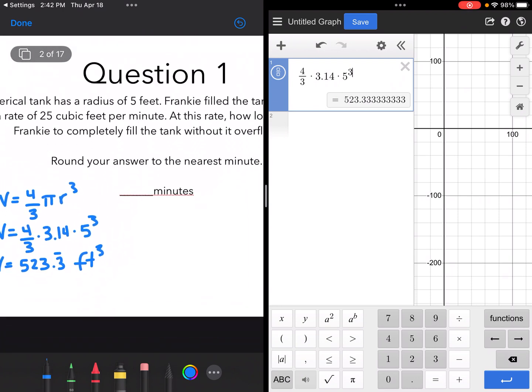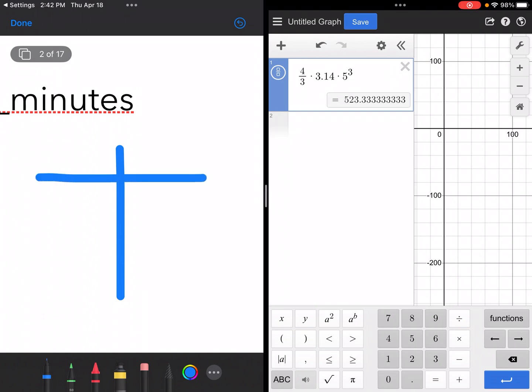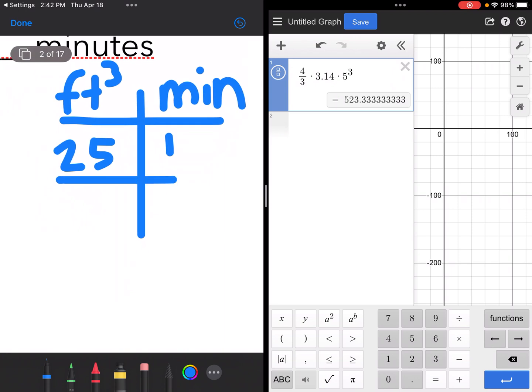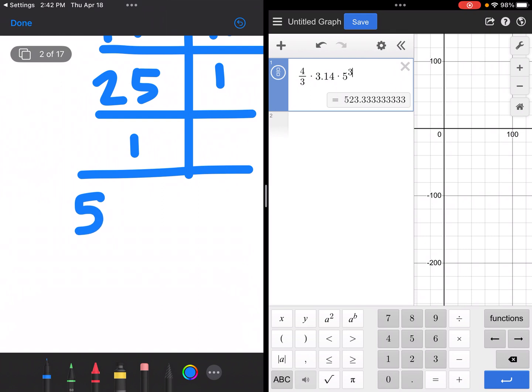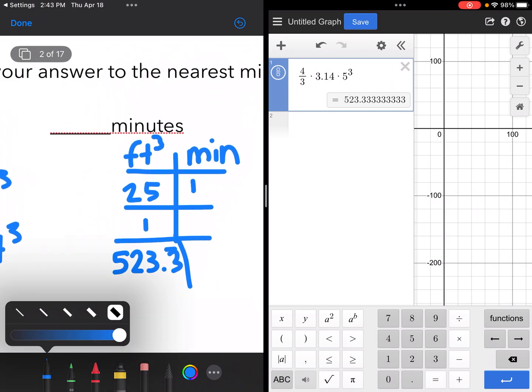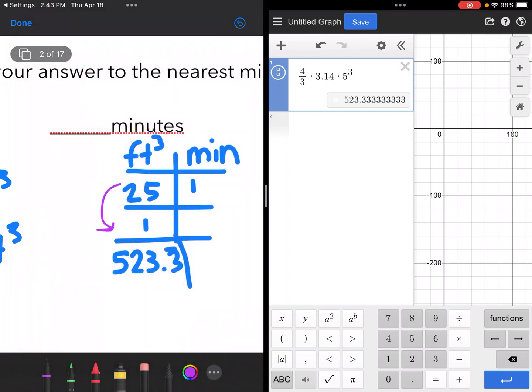So I know that the tank fills at 25 cubic feet per minute. So 25 cubic feet every minute. And I want to know how long it's going to take for 523.3 repeating. So I'm going to divide by 25.